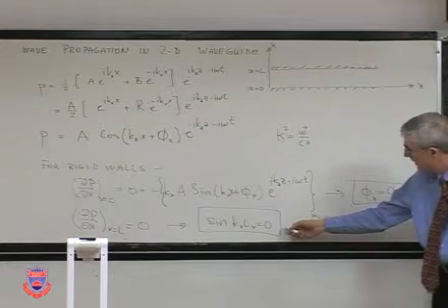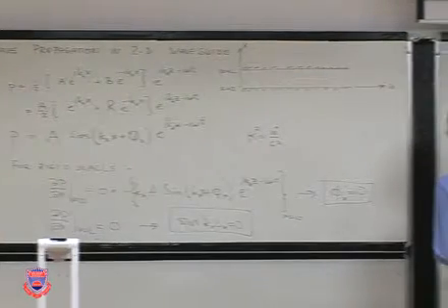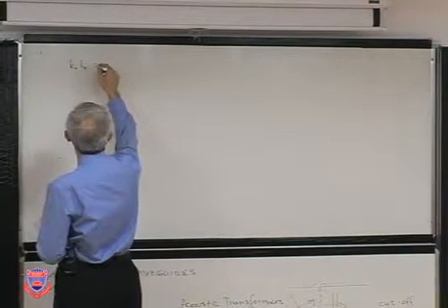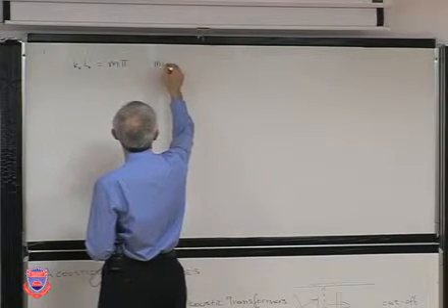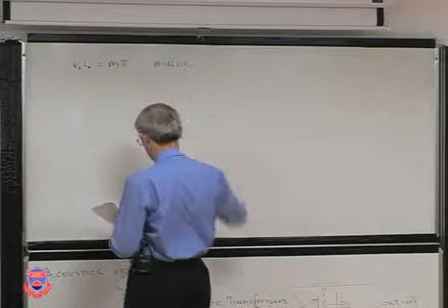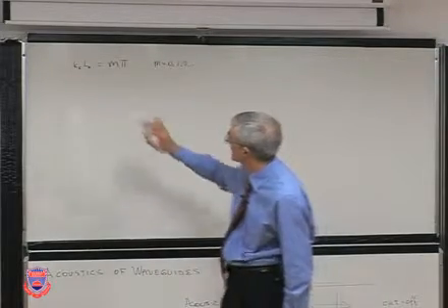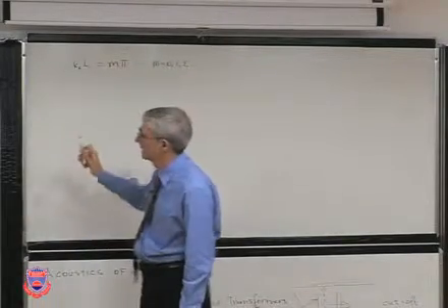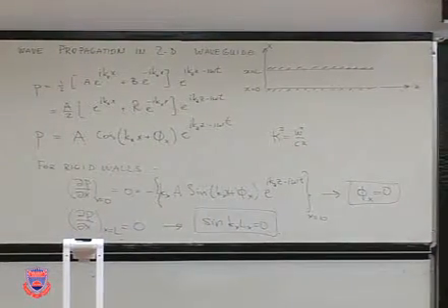Okay, this value here, that gives us... now, what this says to us is, I think I used just L. What it says to us is, for this equation to be satisfied, this condition must be also satisfied, okay?